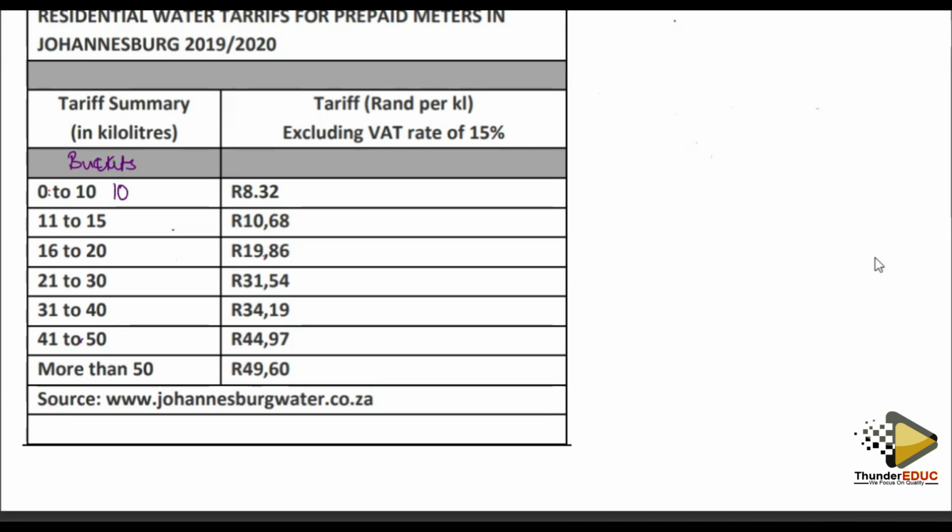The moment it exceeds 10, it's enough for it. Then you come to bucket number 2. Bucket number 2, it will take 5 maximum. I told you when it comes to this, you ignore these numbers that are on the left-hand side. Instead, we subtract. So 15 minus 10, you get 5. Now, this one will also be 5.